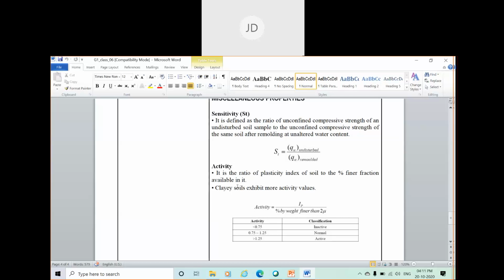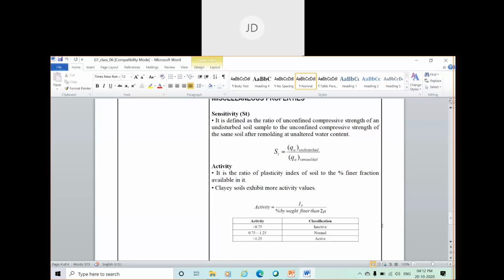Activity is the ratio of plasticity index, Ip, and the percentage by weight of soil finer than 2 micron or 0.002 millimeter, that means the amount of clay present in a particular soil. This ratio will give you activity.